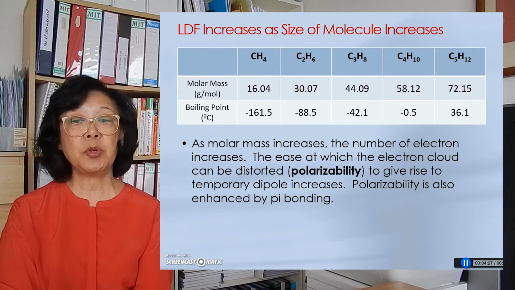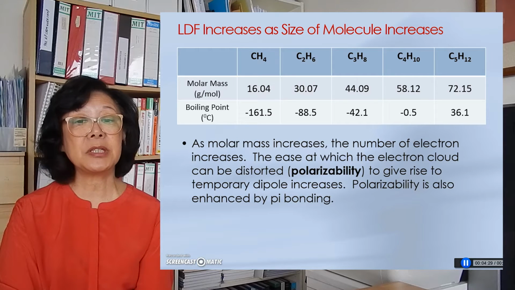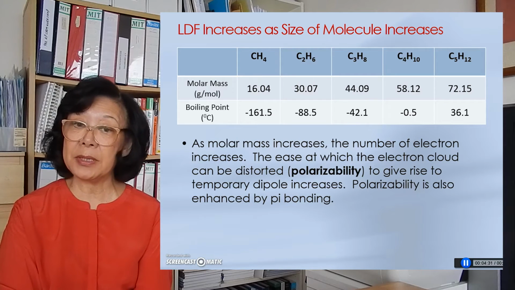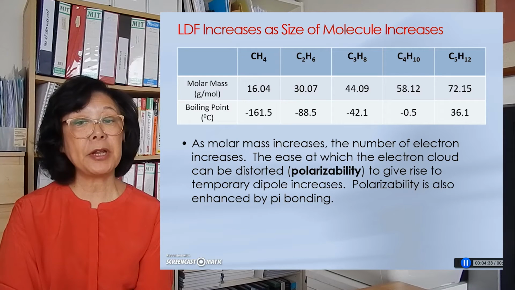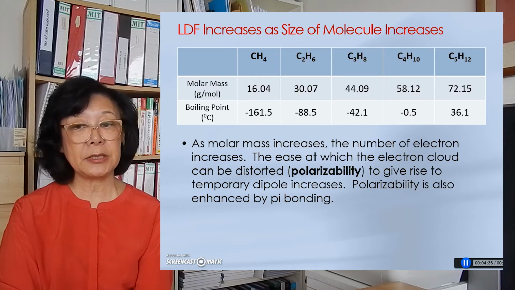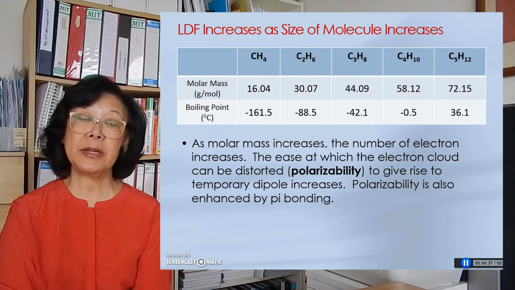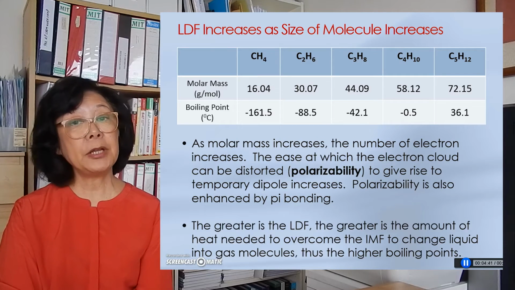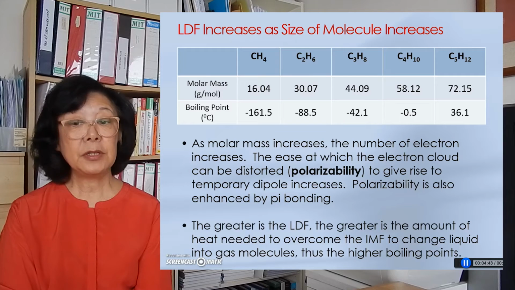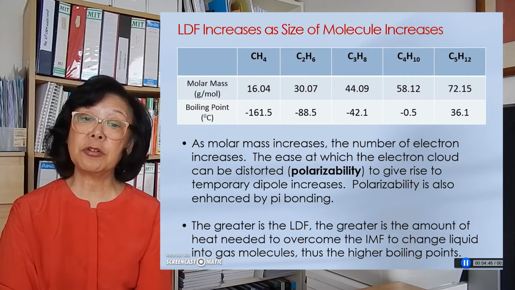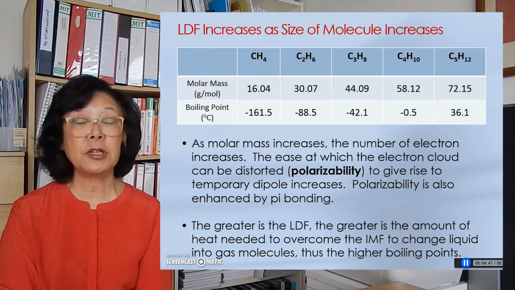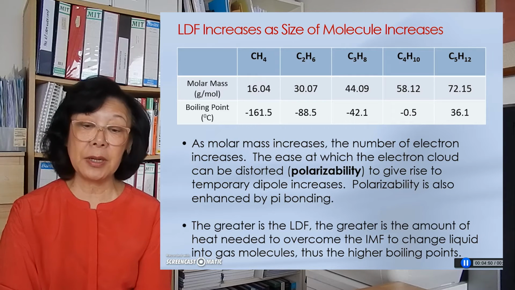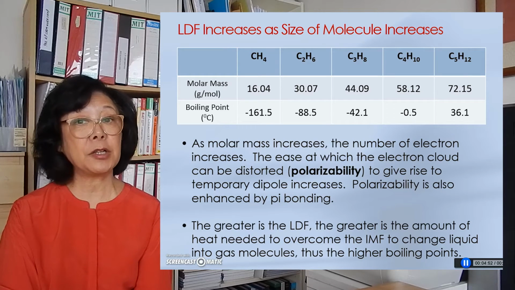The ease at which the electron cloud can be distorted, meaning polarizability, to give rise to temporary dipole also increases. Polarizability is also enhanced by pi bonding. Now the greater the LDF, the greater the amount of heat needed to overcome the intermolecular force to change liquid into gas molecules. Therefore, the higher the boiling points.